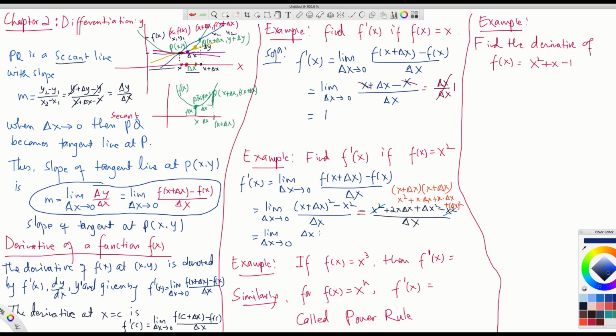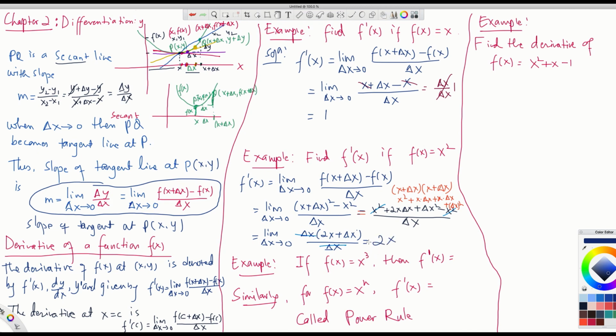If you take delta x out, you're left with (2x plus delta x) divided by delta x. Now you cancel out the delta x and delta x because they are dividing. So what is left is the limit as delta x tends to 0 of 2x plus delta x. Now plug in the delta x limit as 0. So this will go to 0, and what is left is 2x.